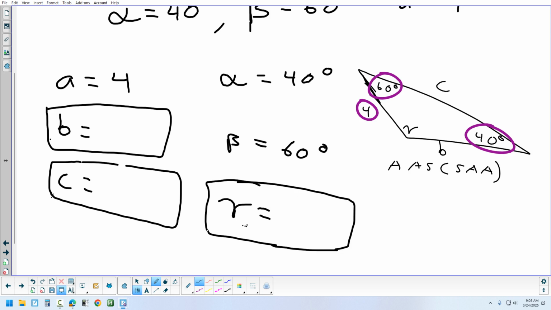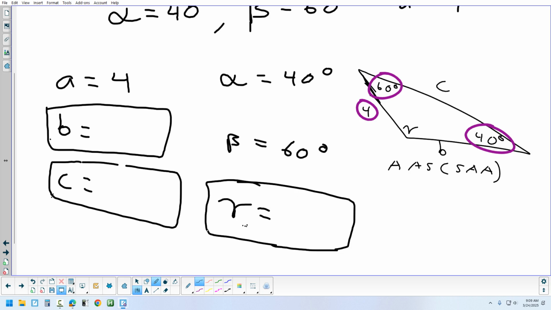So which one do we want to do first? Gamma. Okay, we can do gamma. That one's pretty straightforward because we have 2 out of 3 angles. If we're going to find gamma, what would that come out to? How did you figure that out?